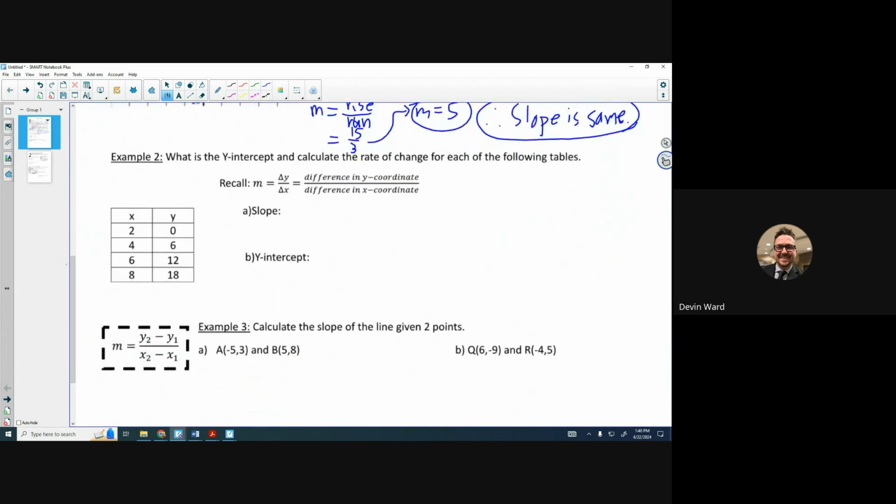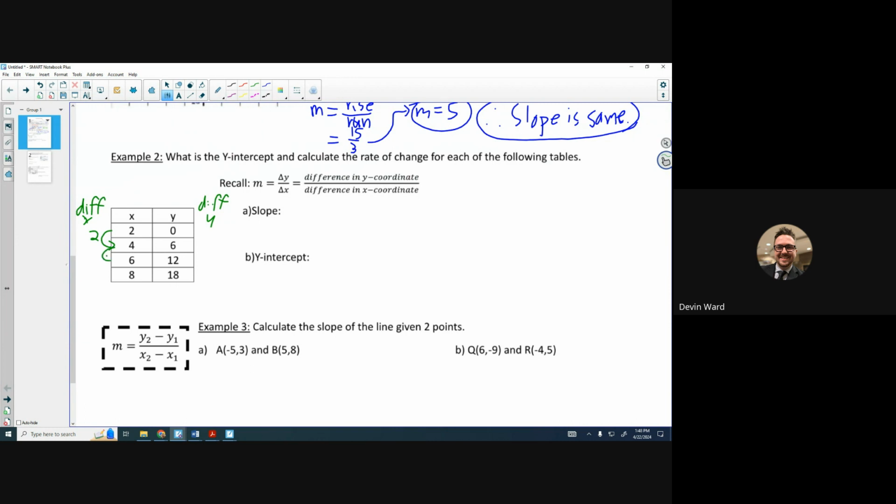Now, if I'm given a table, I can find a difference in my y coordinates over my difference in x coordinates. So to the side of each, I'm just going to write difference for x and difference of y for my table. So in order to get from 2 to 4, I need to add 2.